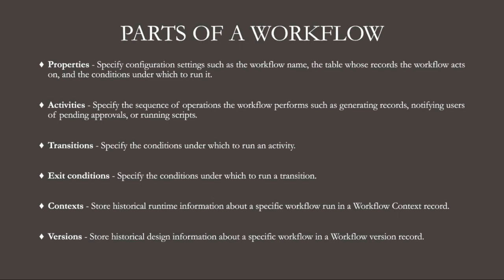Transitions depend on the condition under which we run those activities. Exit condition specifies the condition under which to run a transition. Context stores historical runtime information about a specific workflow run in a context record. Versions store historical design information about a specific workflow in a workflow version record.